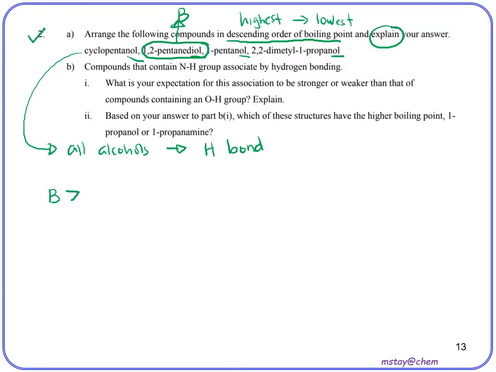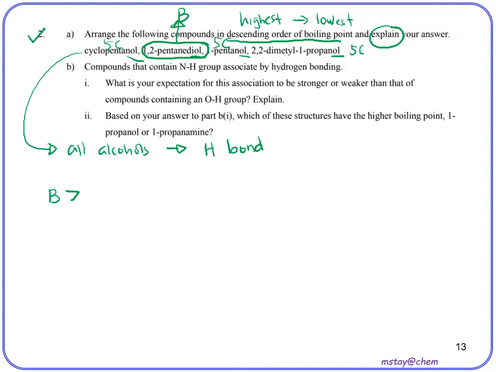Now cyclopentanol has 5 carbons, 1-pentanol also has 5 carbons, and 2,2-dimethyl-1-propanol also consists of 5 carbons. Generally they have a similar molecular size. So now we look at the molecular shape to determine the contact surface area.